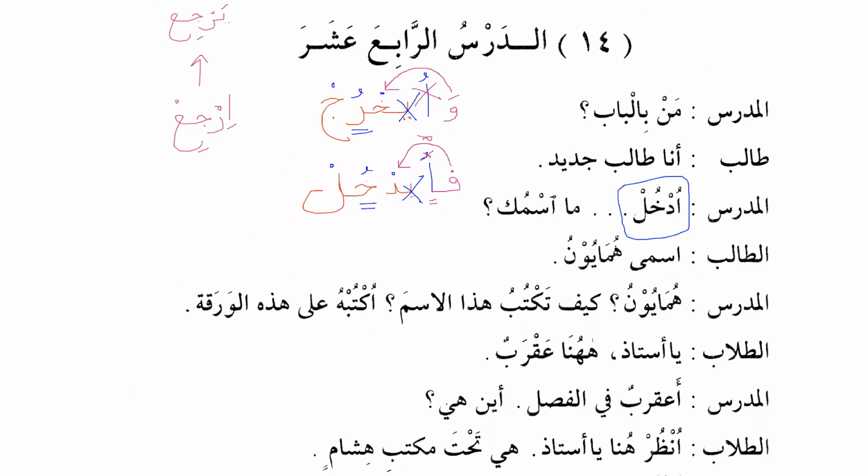How did we make the command from yarji'? We took off the ya, we took off the dhamma, we replaced it with a sukoon, as you can see here. Then we replaced the ya with a hamzat al-wasl, with the kasra at the bottom. This is if we were addressing the singular masculine, but Allah subhanahu wa ta'ala says here irji'i.